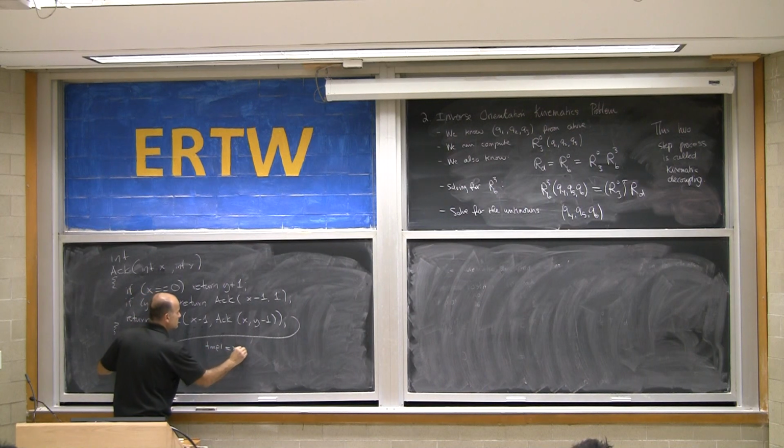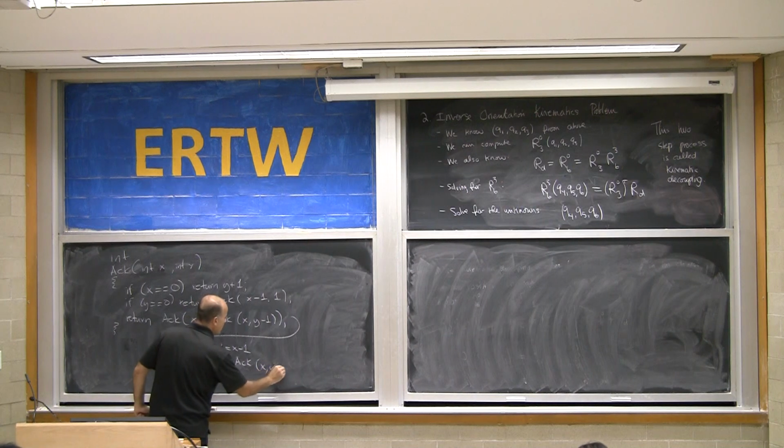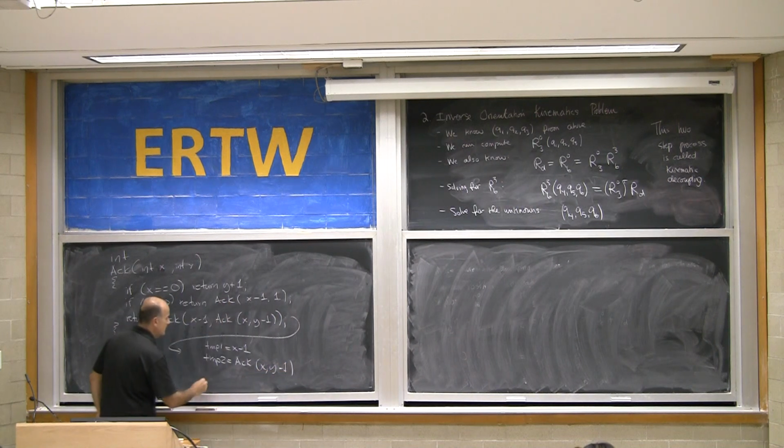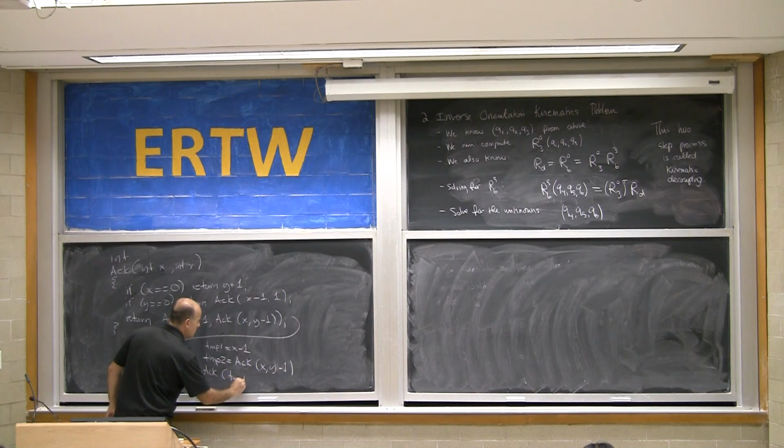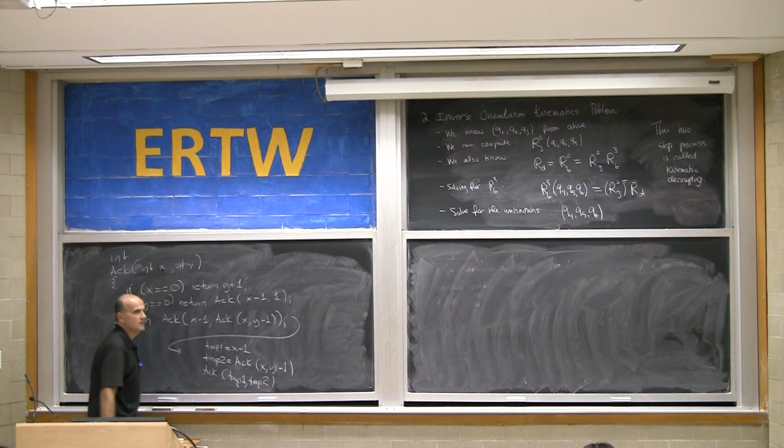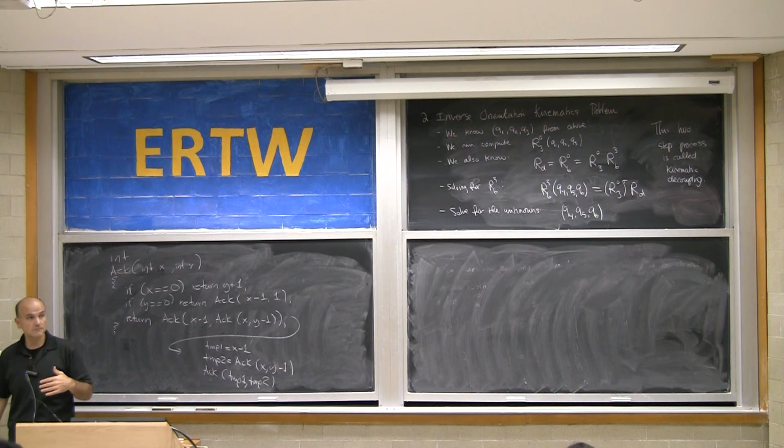Temp1 equals x minus 1. Temp2 equals Ackermann x y minus 1. And then call Ackermann with temp1 and temp2.